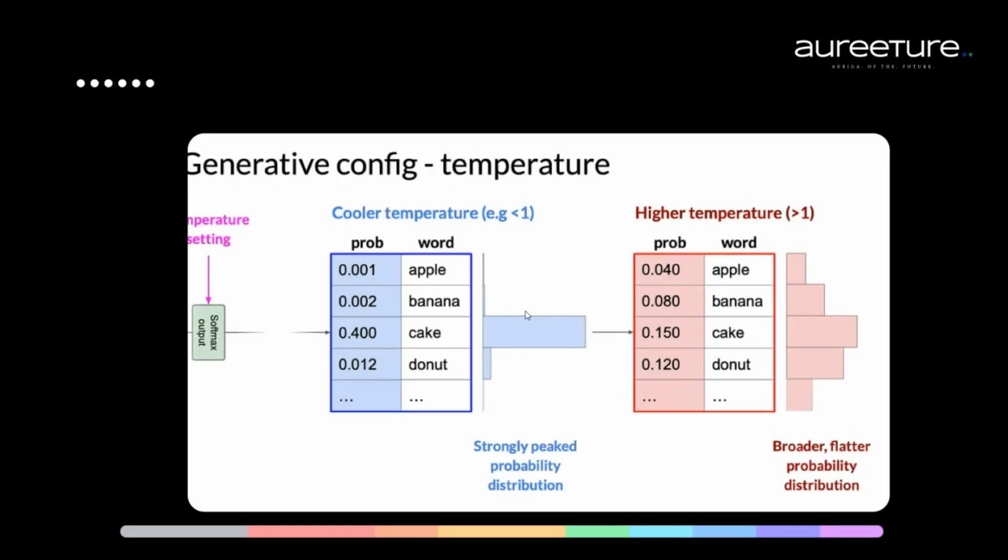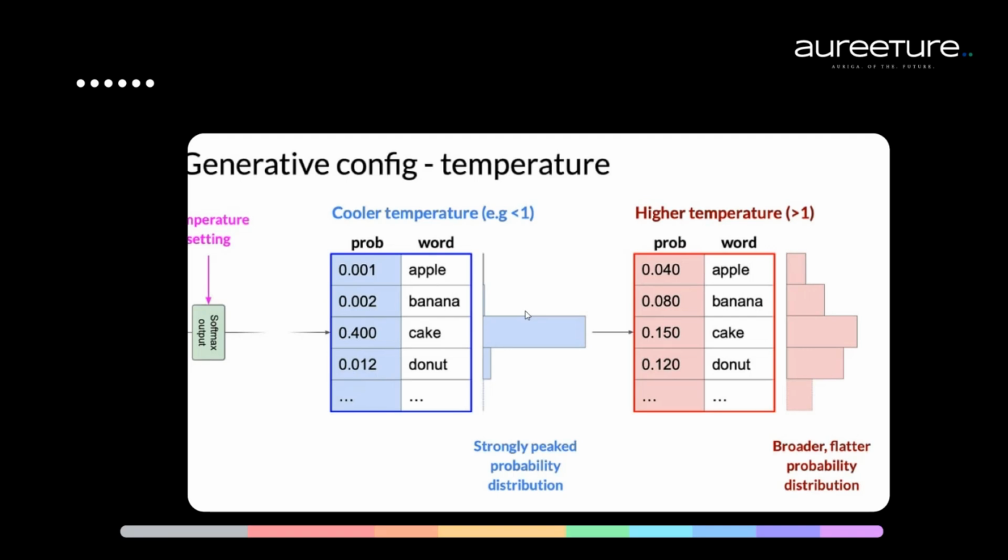For example, I'll always choose apple. And if the temperature is very high, let's say 2, the highest limit, now every word has equal probability. What am I effectively doing? I'm flattening the Gaussian. So now apple is as likely as banana, as likely as grape, as likely as anything else.